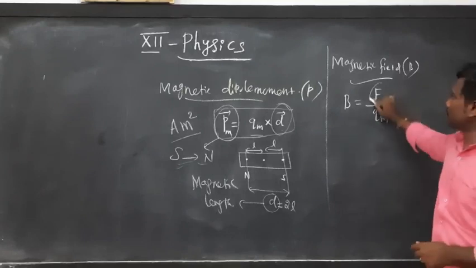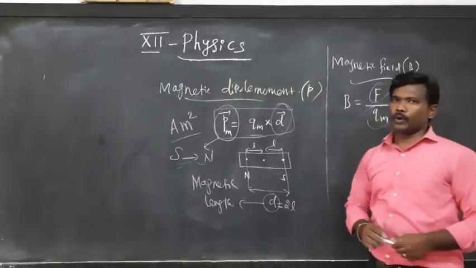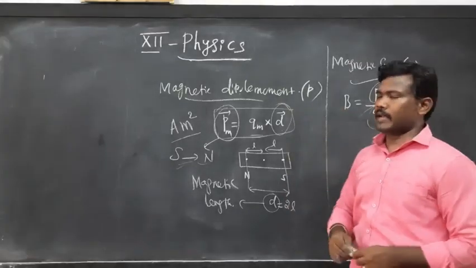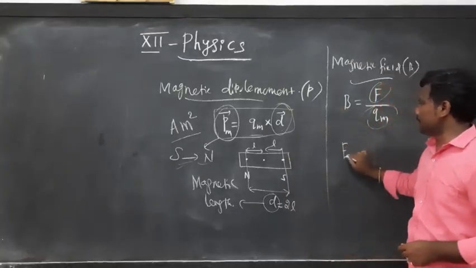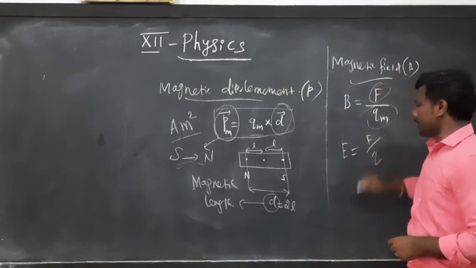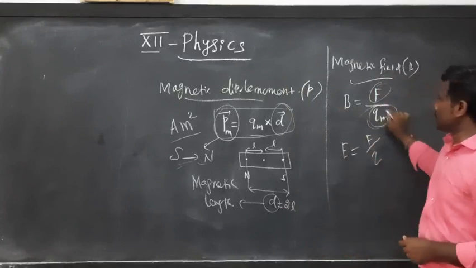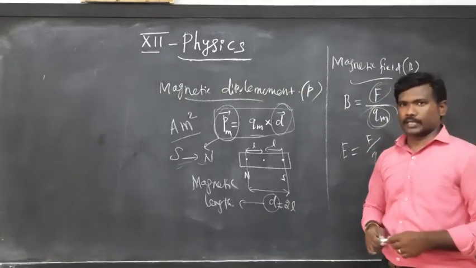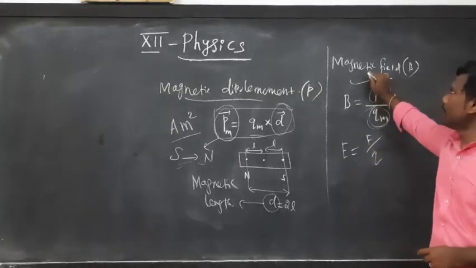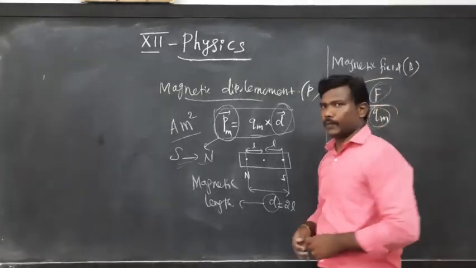In the first chapter we studied that the electric field is the force experienced by a unit charge. Here it is the force experienced by a unit pole strength. This is the formula to calculate the magnetic field.